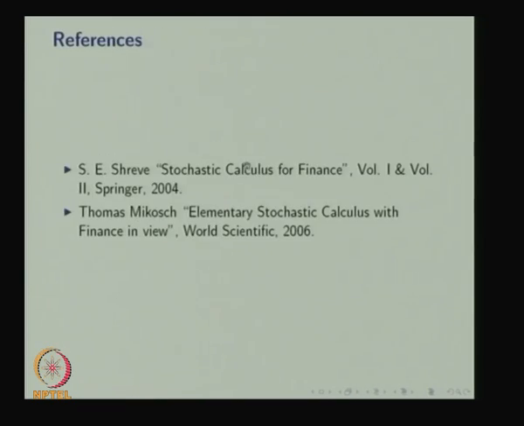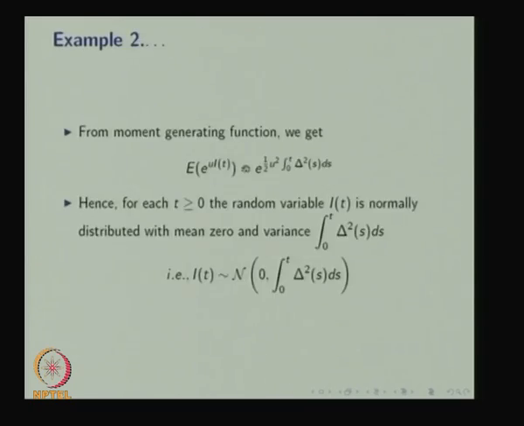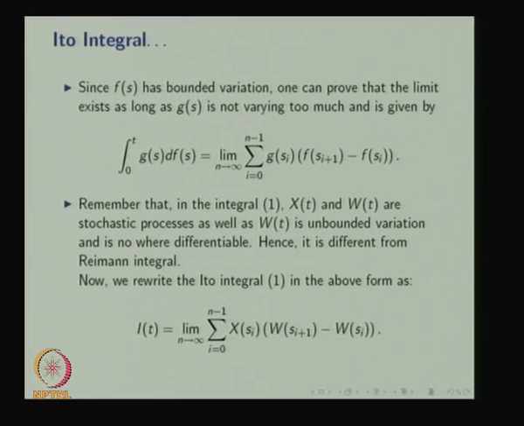That means since the integration is with respect to df(s), you find the difference f(s_{i+1}) minus f(s_i), then multiply with g(s_i), and you are partitioning the interval 0 to t into n parts. Then as n tends to infinity, that summation limit will be the integration. Since f(s) is of bounded variation, you can prove that the limit exists.